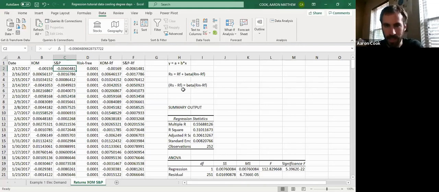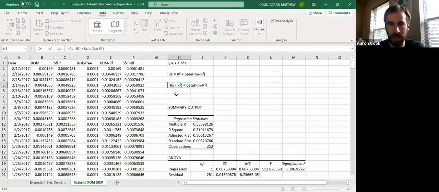So that's the x variable in this capital asset pricing model equation. Your y variable is the returns on the stock minus the risk-free rate. That's what this cell is saying.